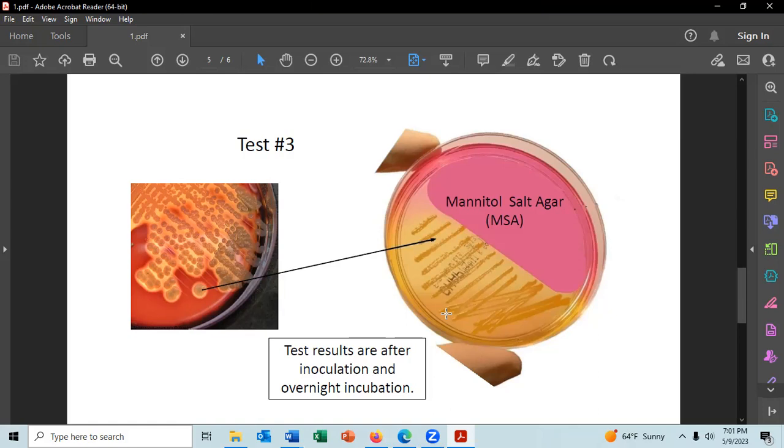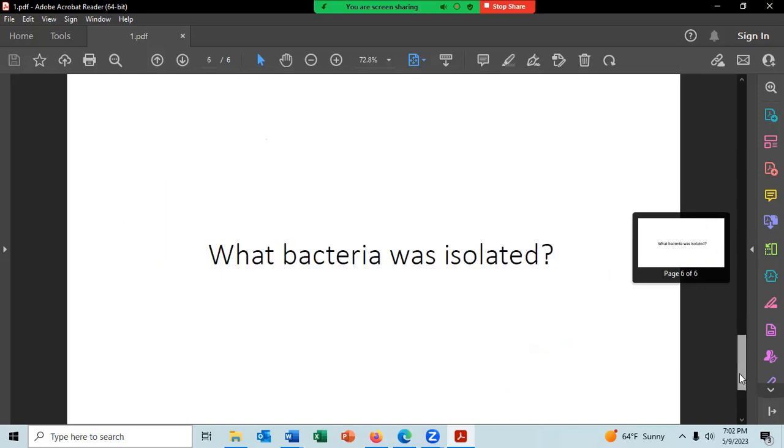And it can also ferment the sugar mannitol. And if it ferments the sugar mannitol, you'll see a specific color, and you can take a look at this plate and determine that here. So then the question is, what bacteria was isolated?